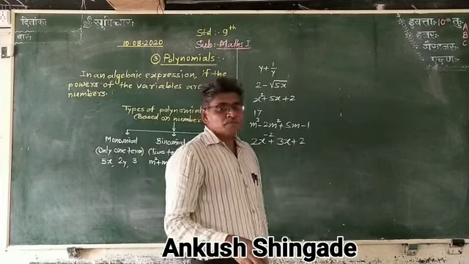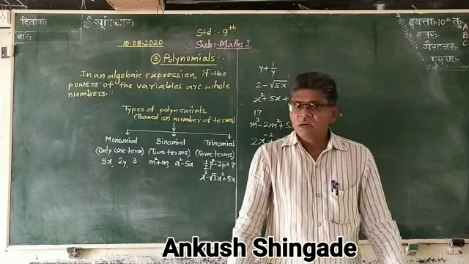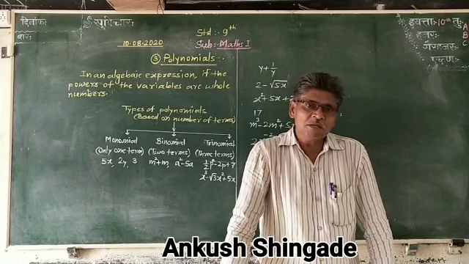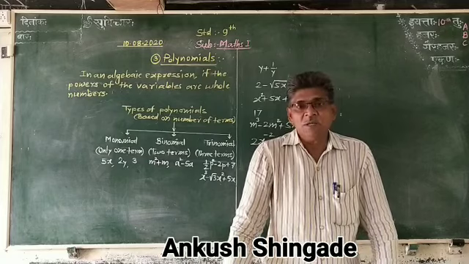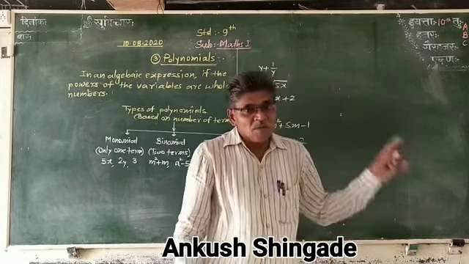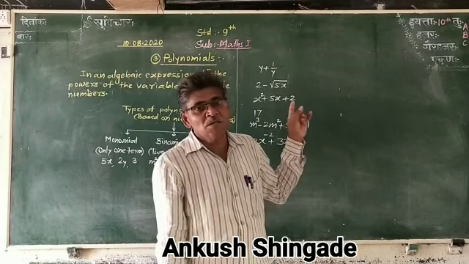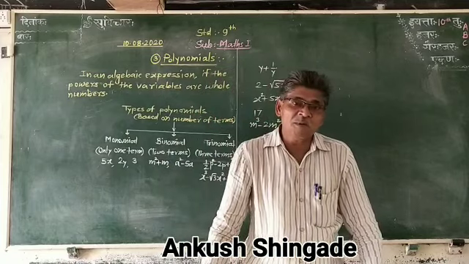So these are all examples of algebraic expressions, but all are not polynomials. It means that some of the algebraic expressions from these are polynomials and some are not polynomials.